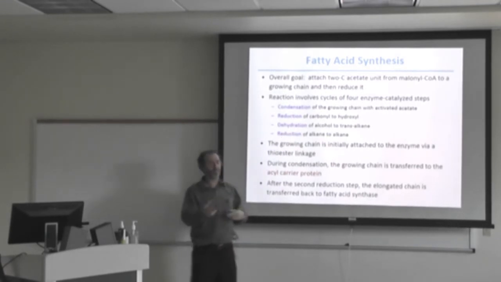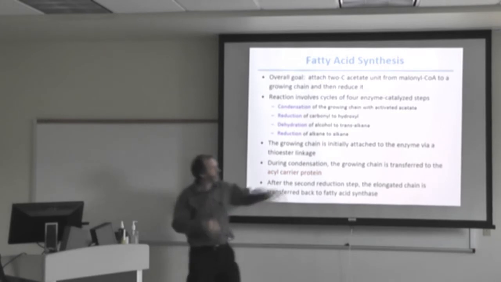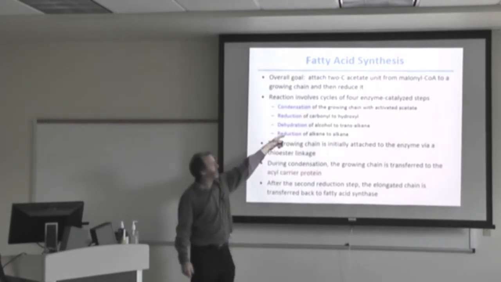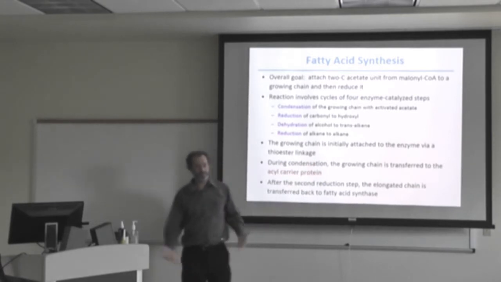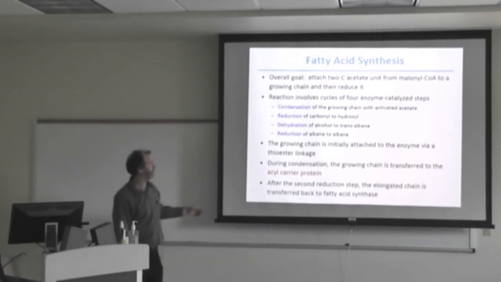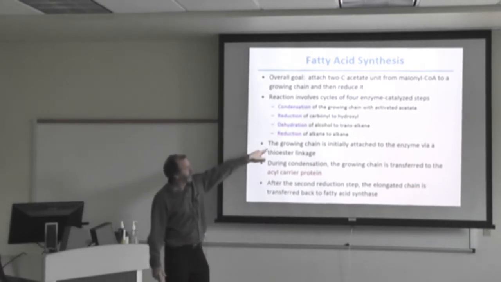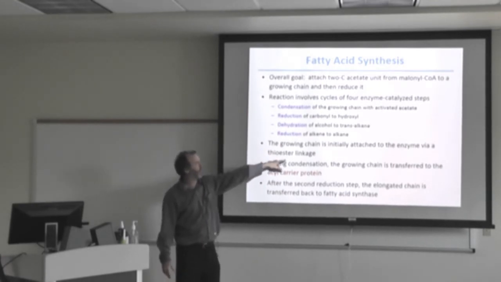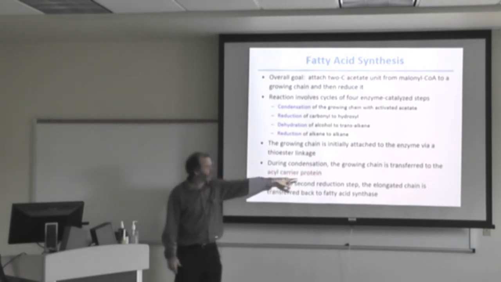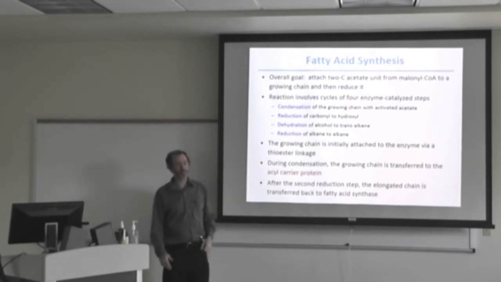Remove the water from that, which causes a trans-alkene group, and then you reduce that alkene to an alkane, and we have our saturated fatty acid that's 2 carbons longer. The growing chain's initially attached to the enzyme via a thioester linkage, and during condensation, the growing chain is transferred to the acyl carrier protein.